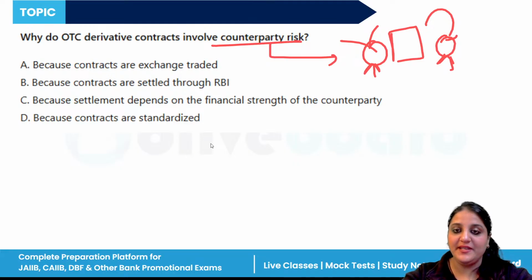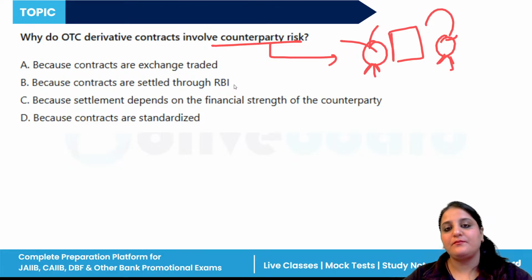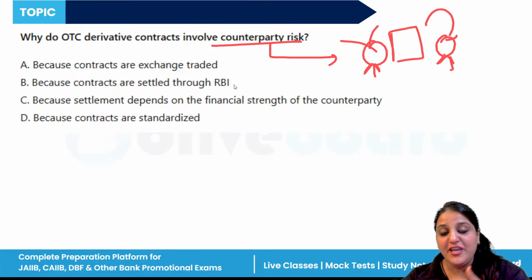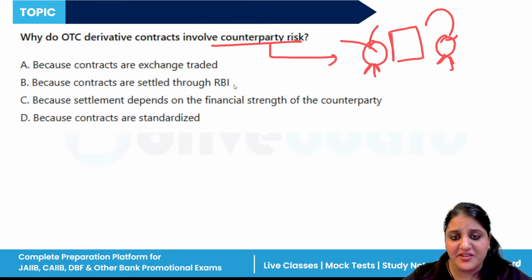Which option is correct here? So let me tell you. See, we know that OTC derivatives are privately negotiated contracts between the two parties, bank and client. If one party fails to honor the contract, the other party suffers a loss.